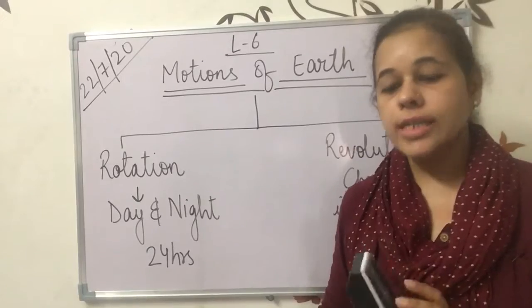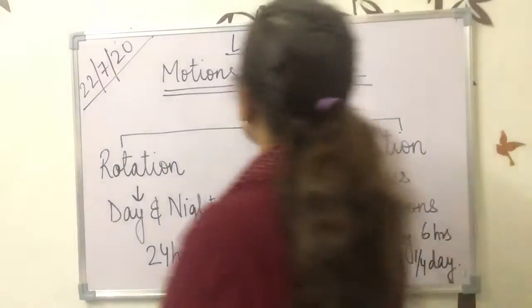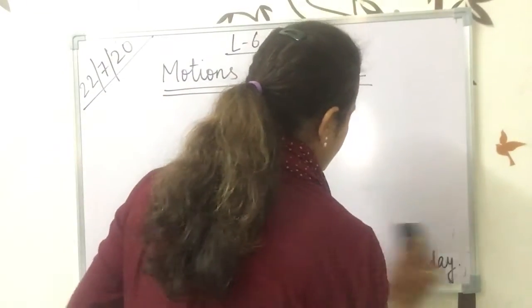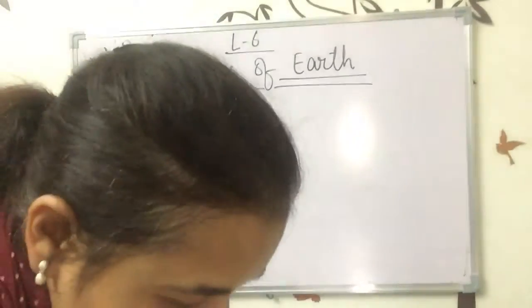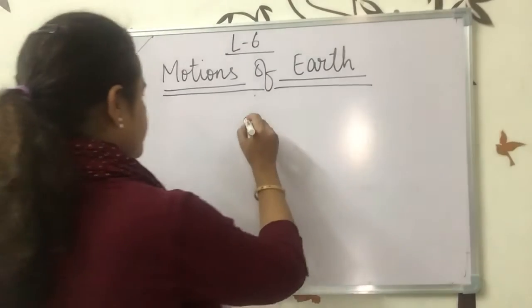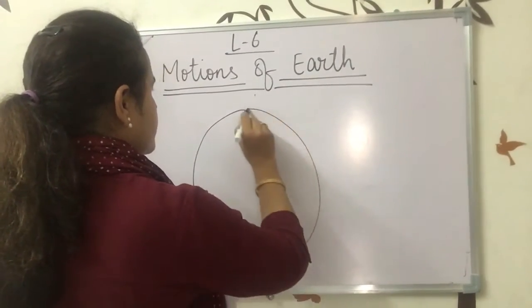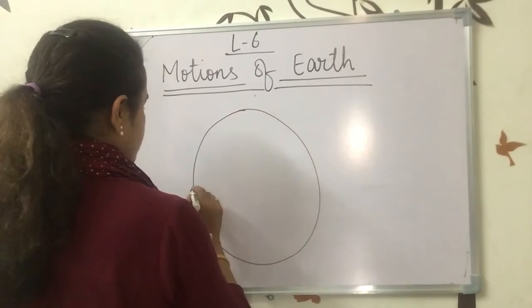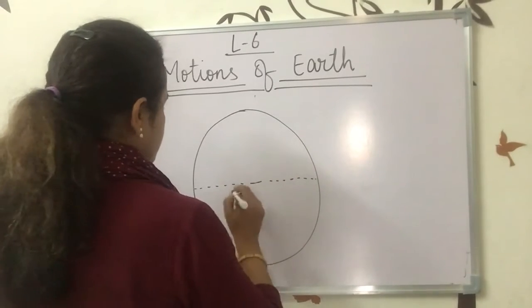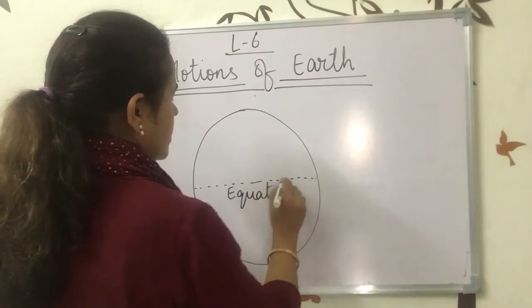And we have also learned that the axis of the earth is tilted. Let me erase this, then it will be more clear to you. First of all, this is the earth. The earth is divided into two halves. This is the equator.